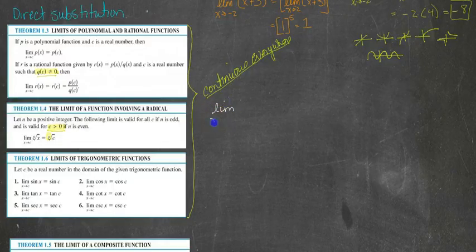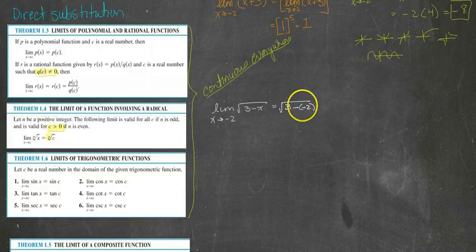The limit as x approaches -2 of the square root of 3 minus x. So we're dealing with a radical here, and I'm assuming I can use direct substitution. We'll find out. This equals, I'm going to do a substitution so I don't have to write the limit part again, the square root of 3 minus -2.